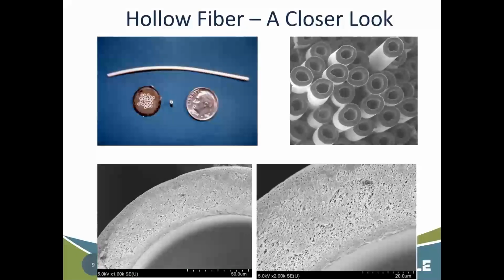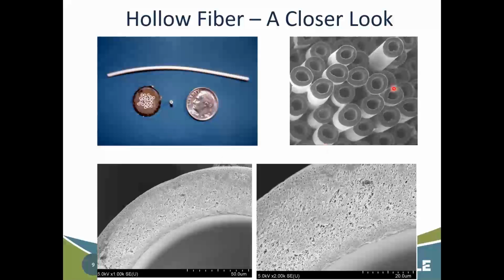If you're not familiar with membrane plants, they can be difficult to visualize because everything's kind of in a black box. You can't really see. But this is the size of one of those individual fibers. If you had a dime, you could get dozens of them just on a dime. They're tiny and really flexible, almost like a wet noodle.